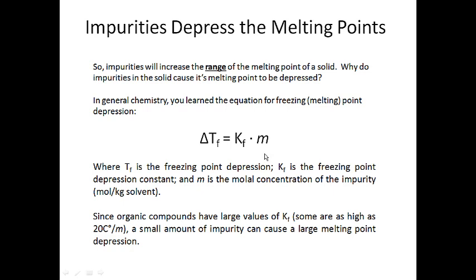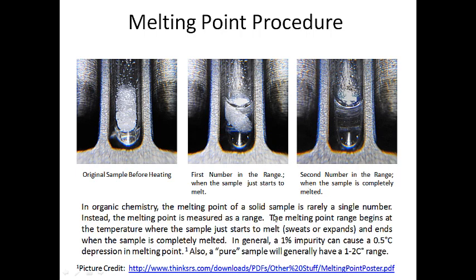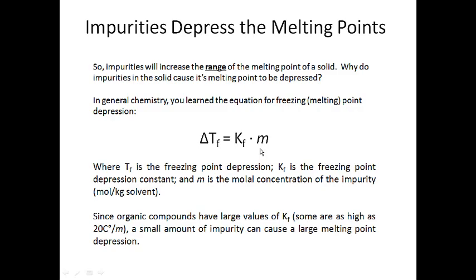So in the previous slide, where they said that a 1% impurity can cause a half a degree depression in the melting point, they're taking an average K_f value and then sort of using a 1% molal impurity.